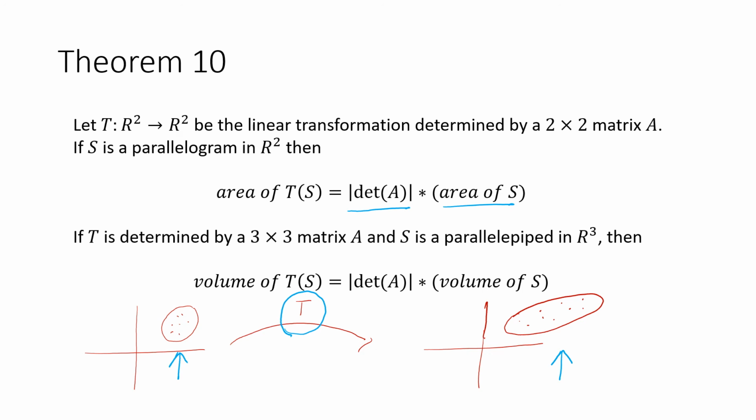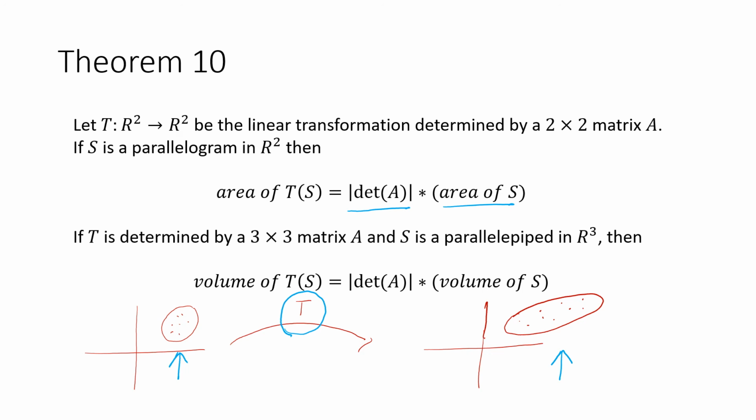Matrices, again, are related to areas. If we have an area and we transform it with a linear transformation, the area of that new object is what we started with times the determinant of the matrix that was used to transform it.